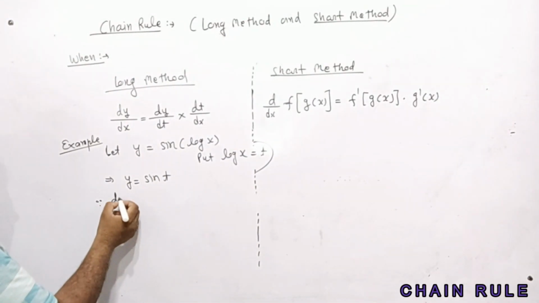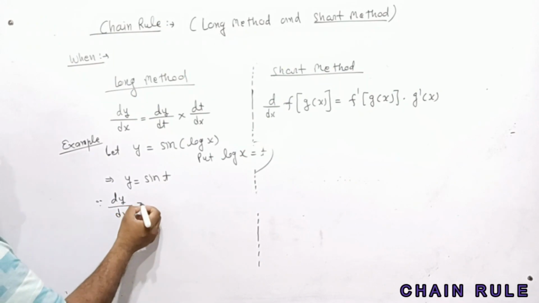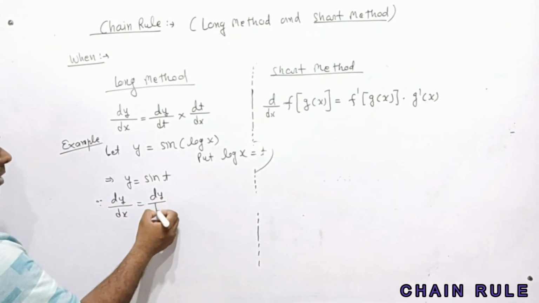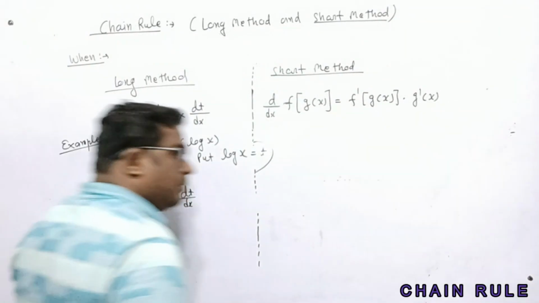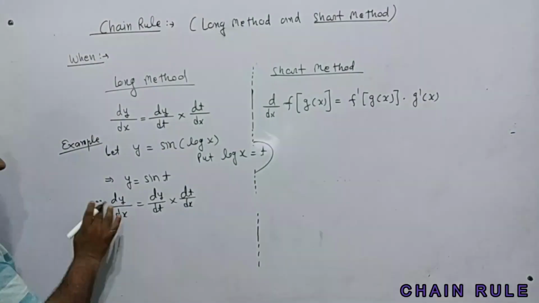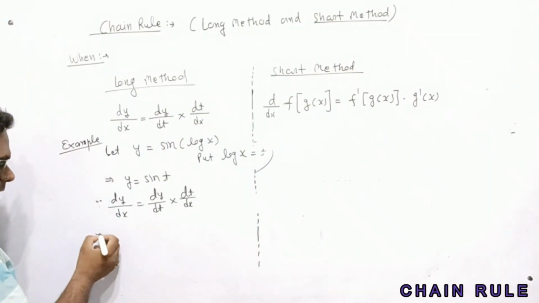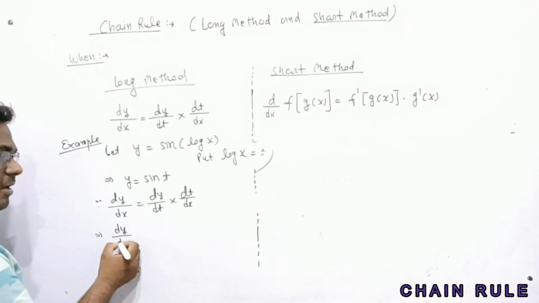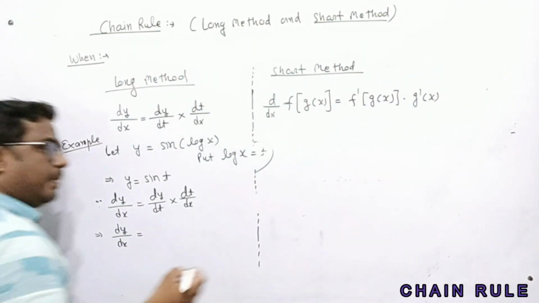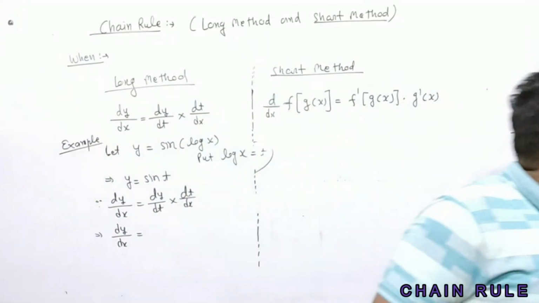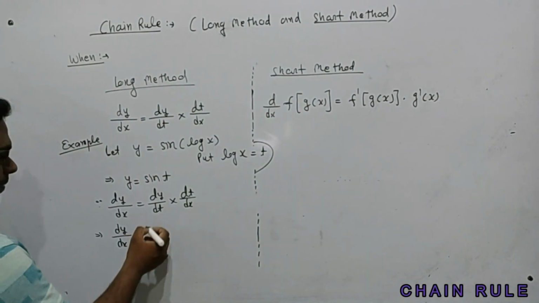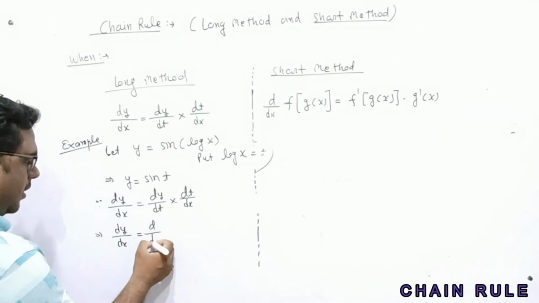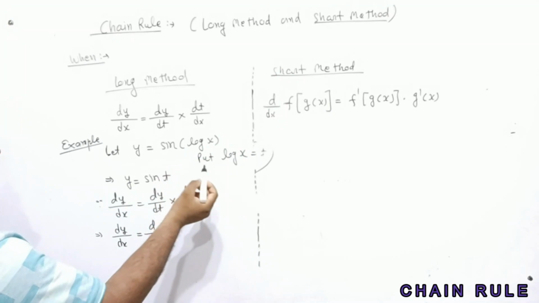Since dy upon dx is equal to dy upon dt into dt upon dx. It's the formula of the chain rule. This implies that dy upon dx is equal to d upon dt of y.